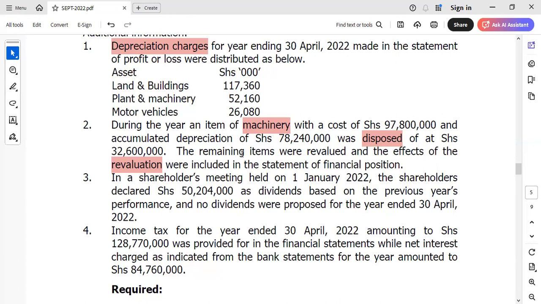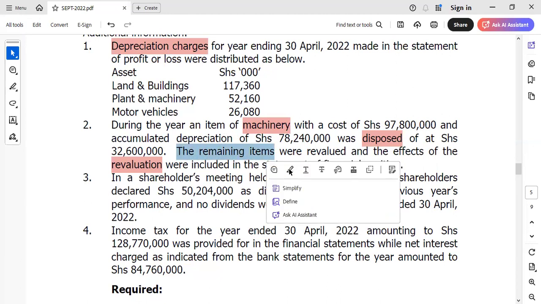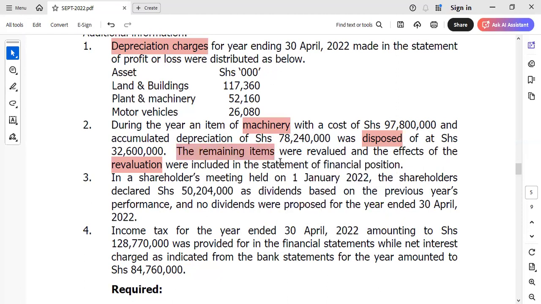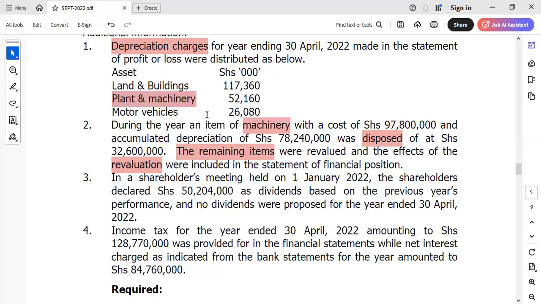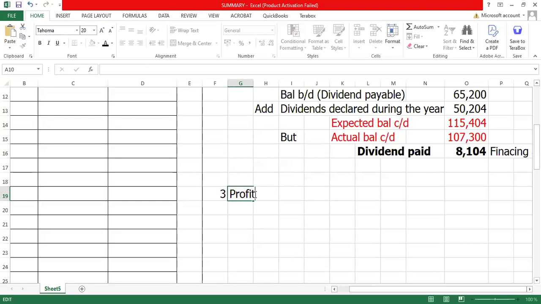The remaining items are from plant and machinery, where you picked the machinery. Because there was an asset disposed of, we first see whether we have a profit or loss on disposal.